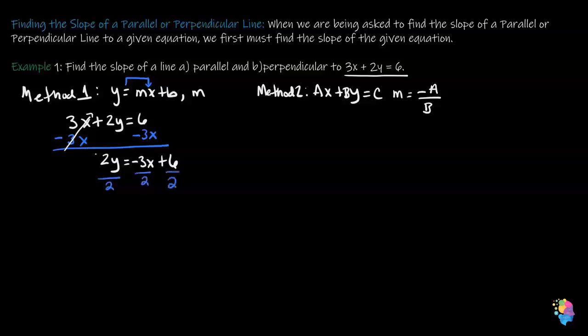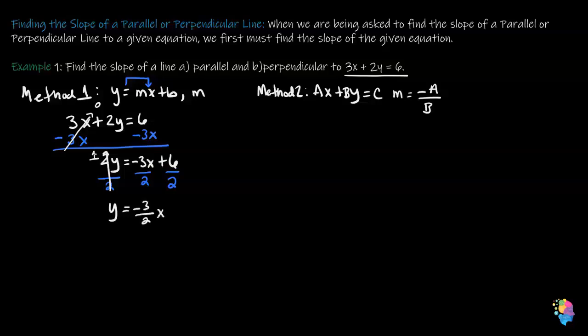From left to right, 2 divided by 2 is 1. So we have 1y, or just y. Remember, this goes to 0, and this one goes to 1, equals, on the right side I have -3 divided by 2. Well, 3 cannot be divided by 2 evenly, so I'm going to leave it as a fraction.